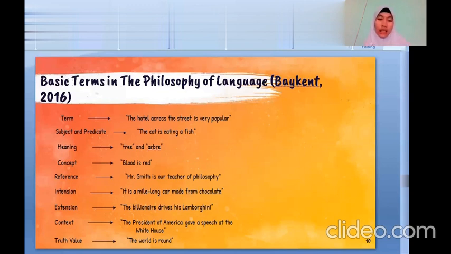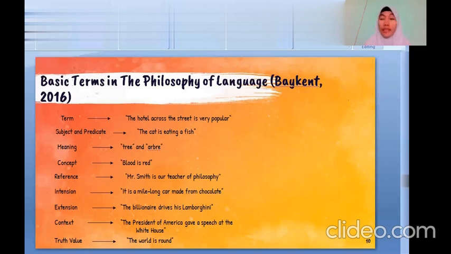And next about context. Context is closely related to time and place. For example, when and where did it happen, or who is the speaker and who is the listener. For example, the President of America gave a speech at the White House.